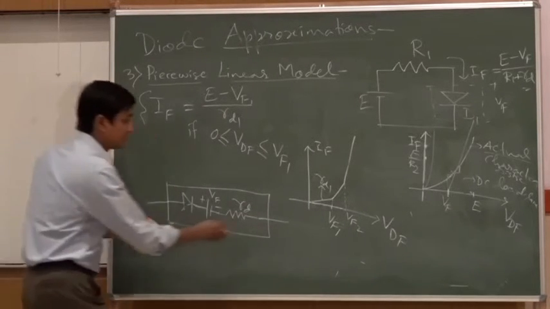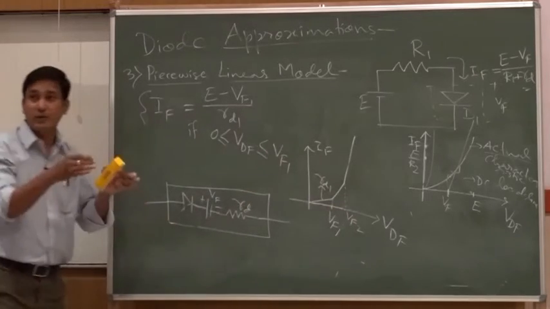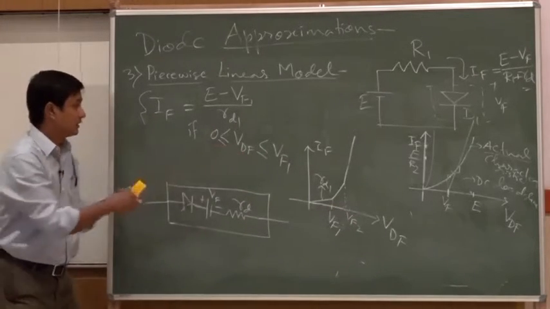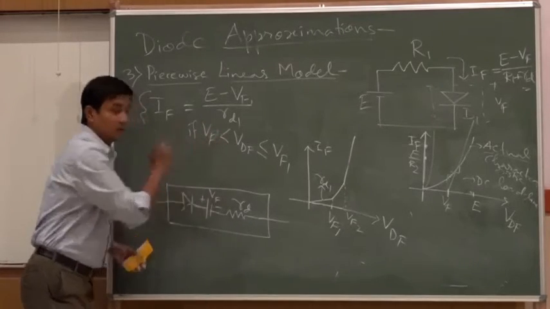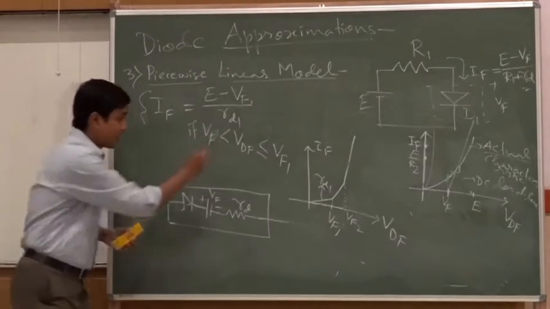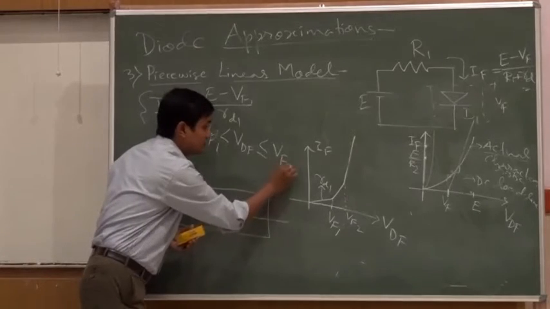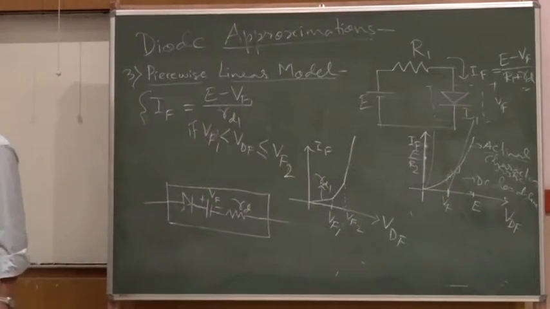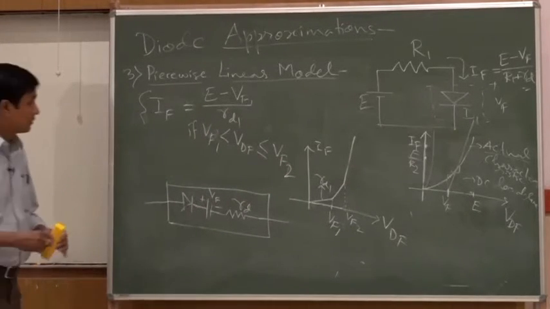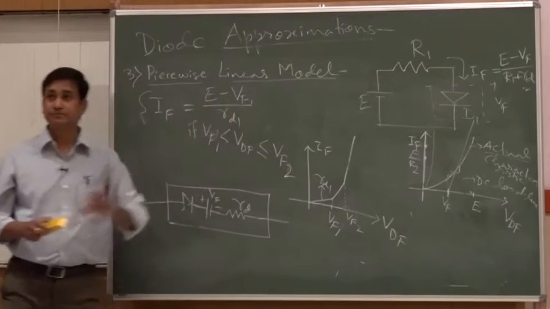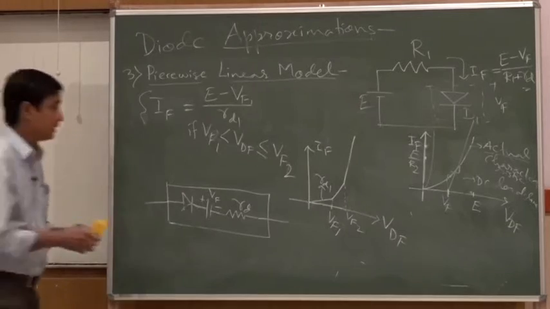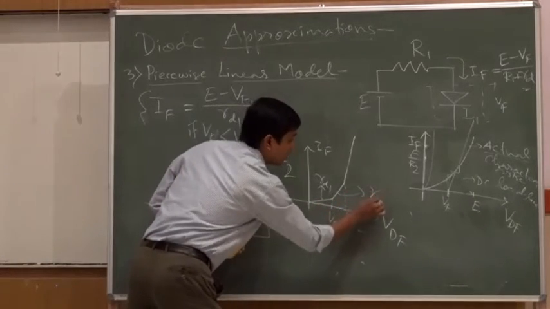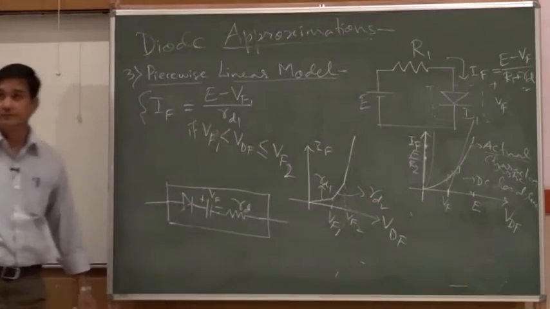Then if I consider another Vf2 there, I have to consider that the voltage across the diode should be greater than Vf1 and less than or equal to Vf2. That will tell me about another resistance RD2.